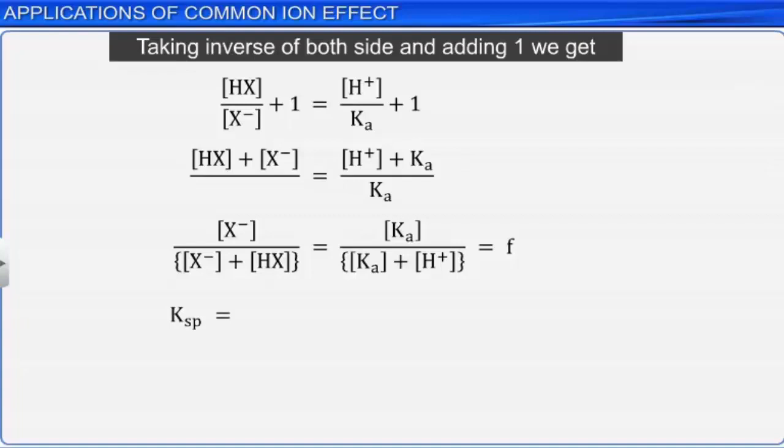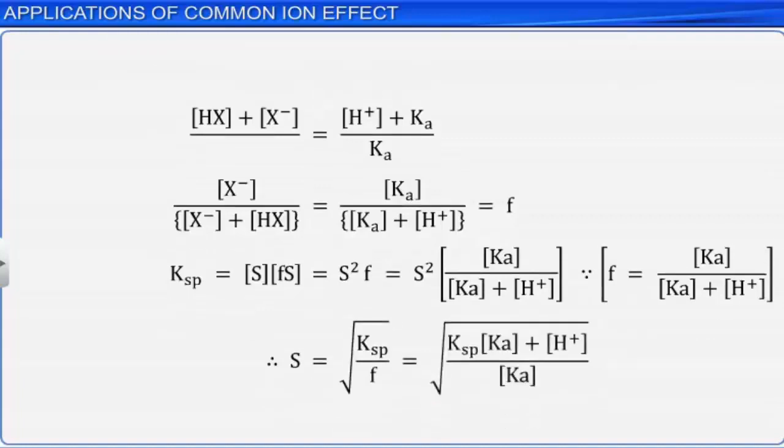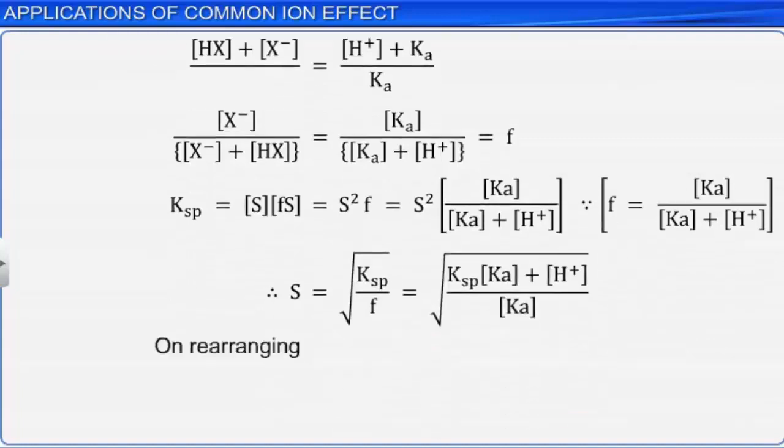That is, equal to S² multiplied by F. Therefore, solubility is equal to the square root of Ksp divided by F. On rearranging the equation, we get solubility S is equal to Ksp multiplied by ([H⁺] + Ka)/Ka, whole to the power half. So we can conclude that solubility increases with a decrease in pH or an increase in H⁺ ion concentration.